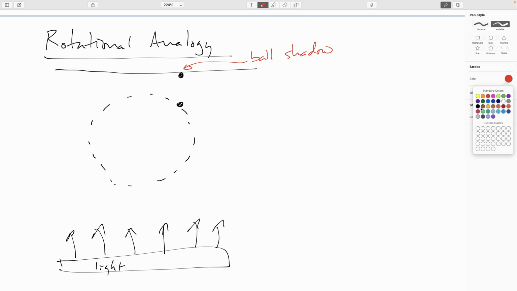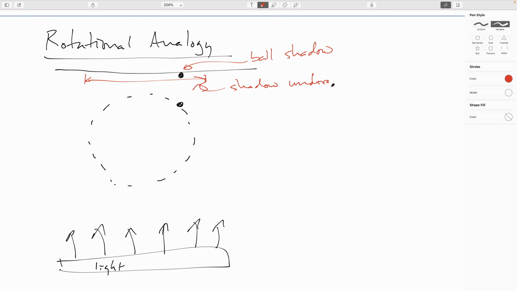Now, what I'm going to assert is that the motion that this ball's shadow makes is simple harmonic motion, where it'll go as our cosine.